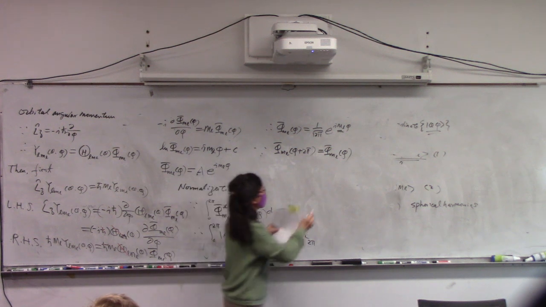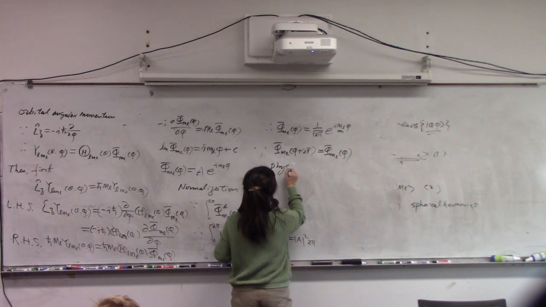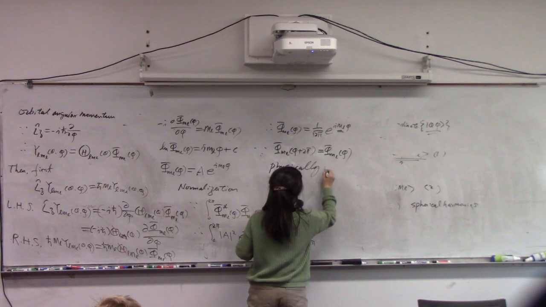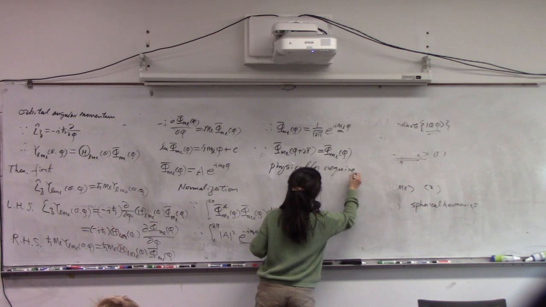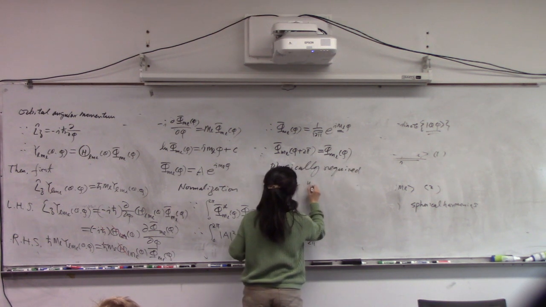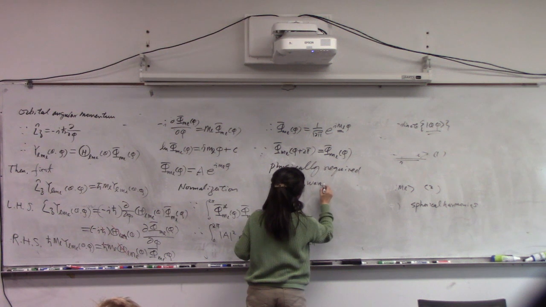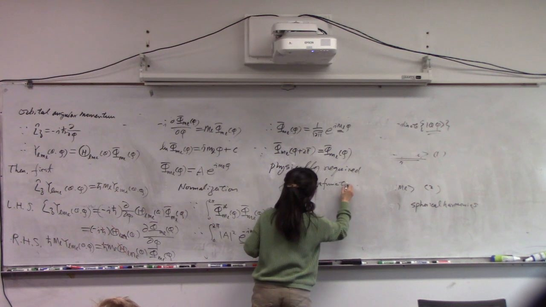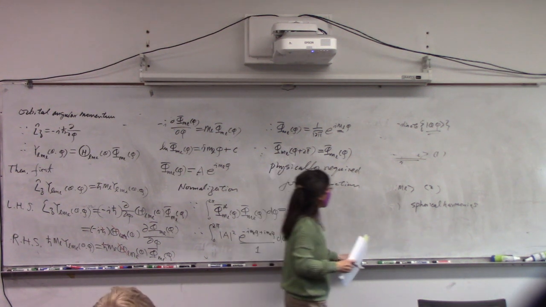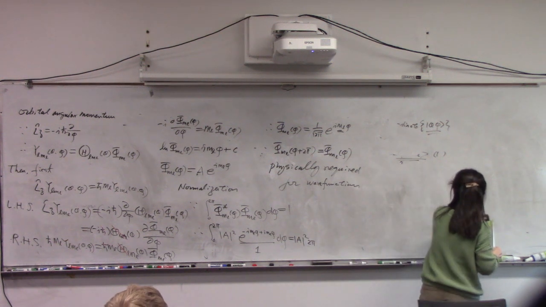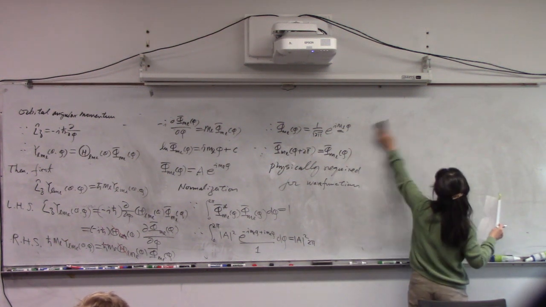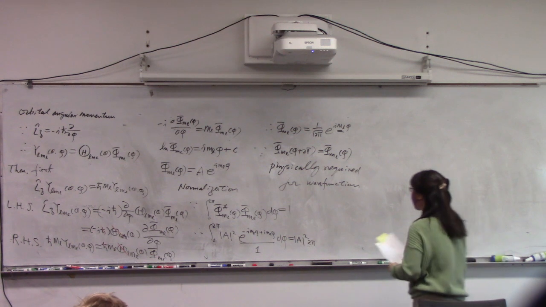That is physically required for the wave function or eigenstates, right? Because the wave function describes the quantum state of the system. So for a given angle, there is only one system or one state.